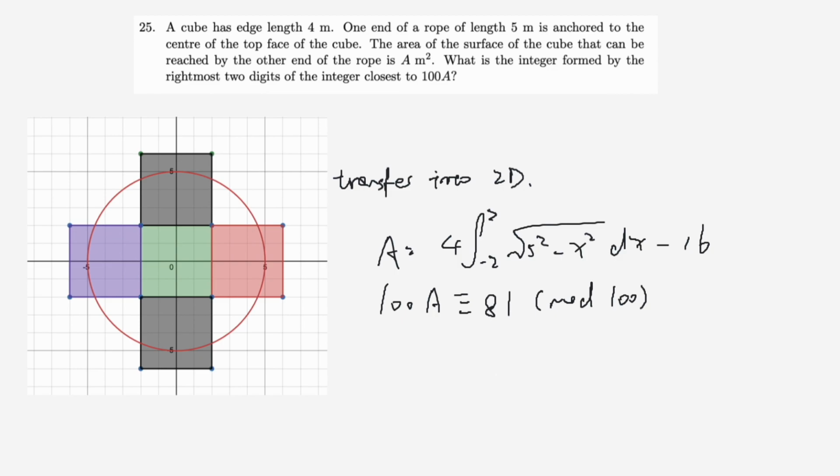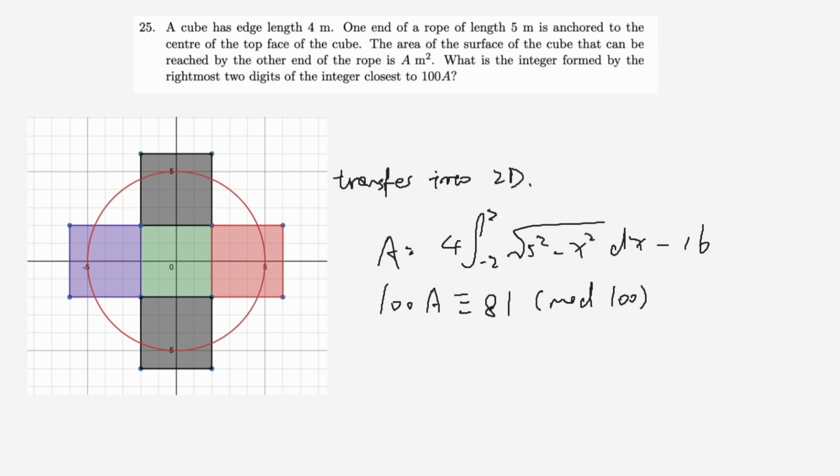The integral from -2 to 2 of the square root of 5 squared minus x squared dx represents the area between the circle and the x-axis in the range of -2 to 2. And we can see there are 4 same type of area in the diagram, so we multiply this by 4.